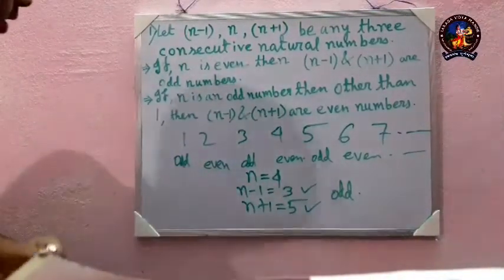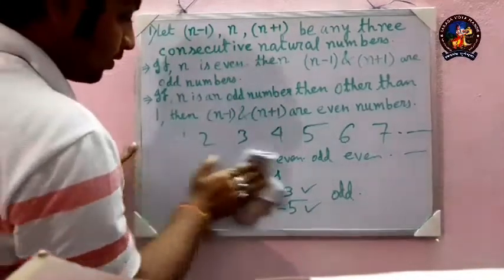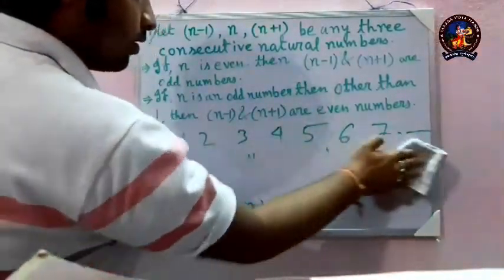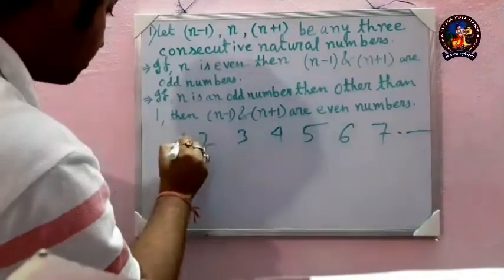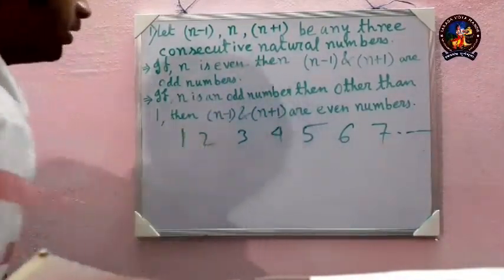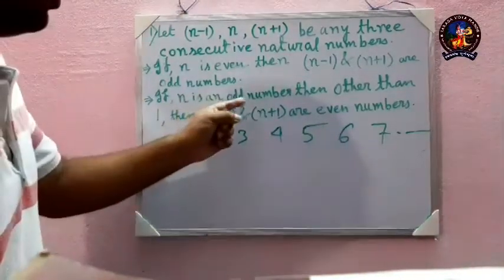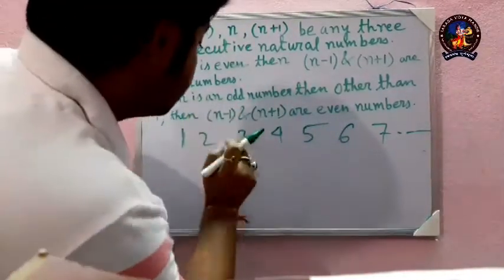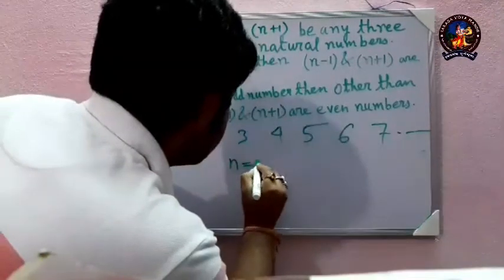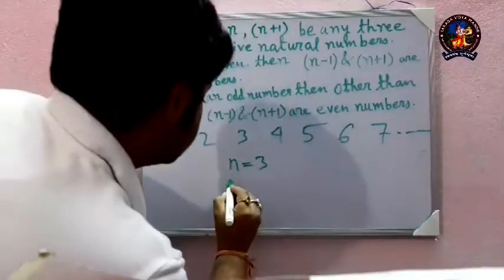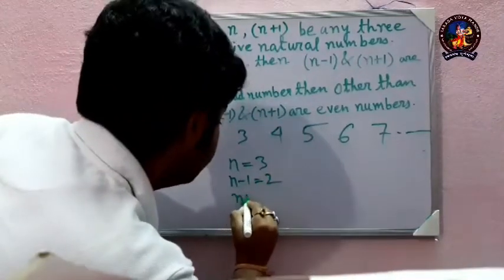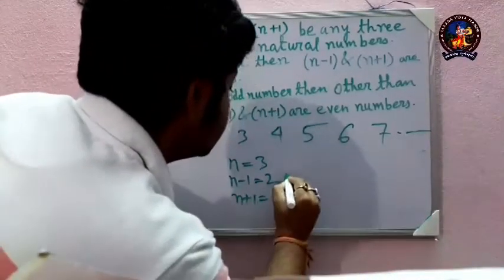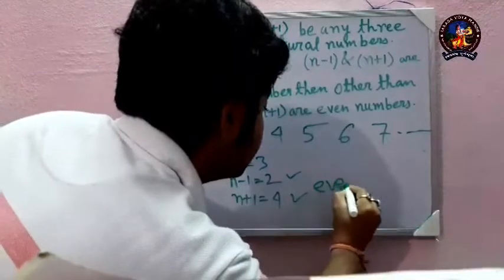Now the second case, if you take n as an odd number, suppose we are taking n equals 3. 3 is an odd number. Now simply n minus 1 will be equal to 2 and n plus 1 will be equal to 4. These two numbers are even numbers.